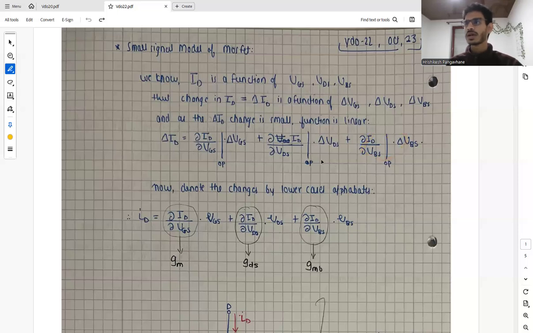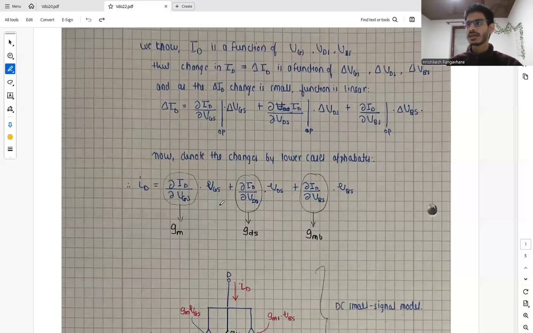Now we denote the changes by lowercase letters, so we have gm, gds, and gmb. So we have the small signal current id equal to gm vgs plus gds vds plus gmb vbs.